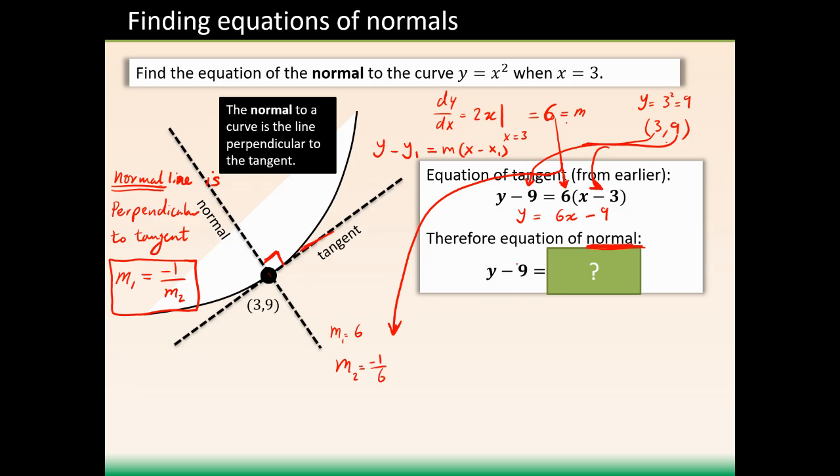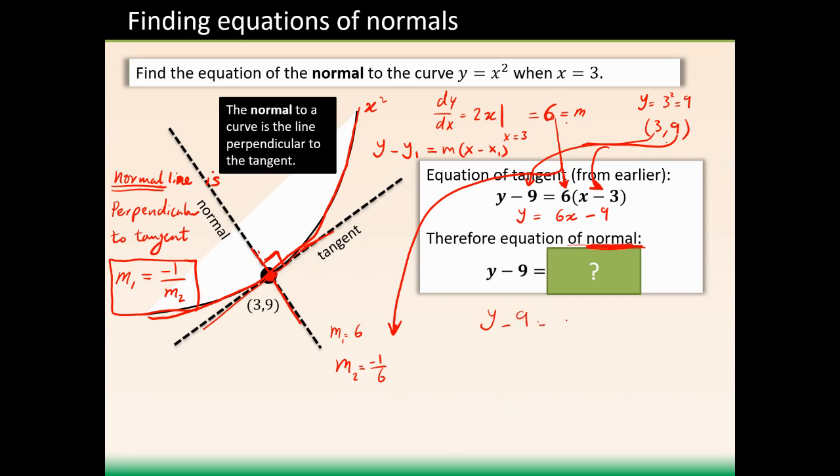So when we calculate the equation of this line, this graph is x squared, by the way. You will notice the normal here is this line that is crossing the curve. Notice it's crossing the curve, not tangent to it. So make a note of this if you wish. Finally, we're still using the same coordinates.